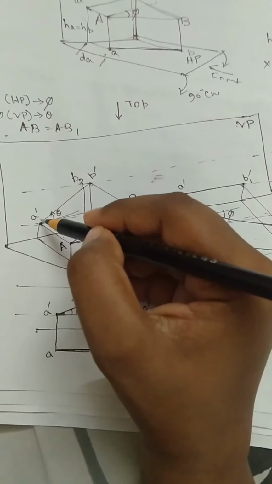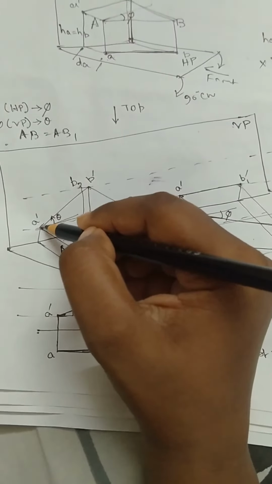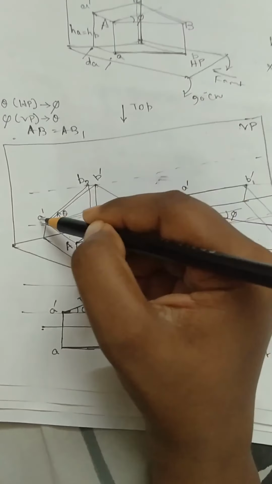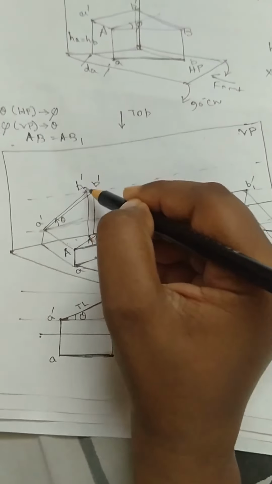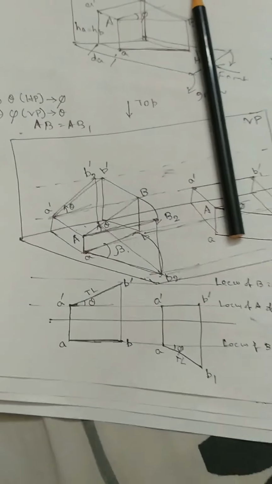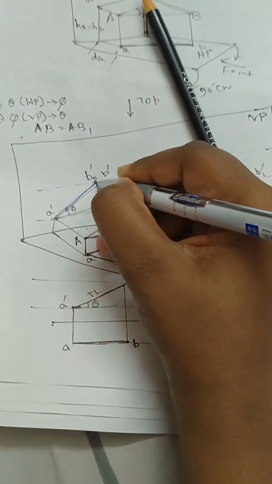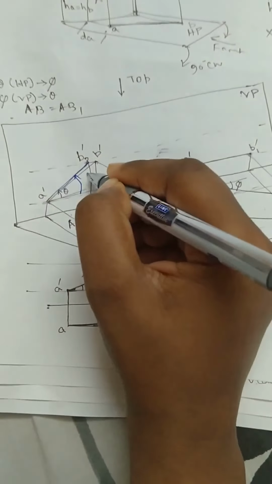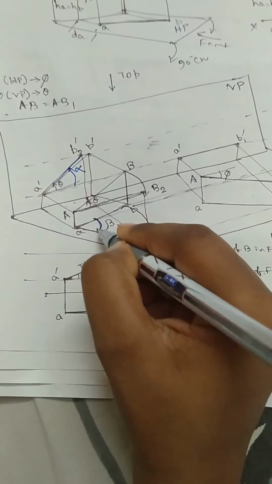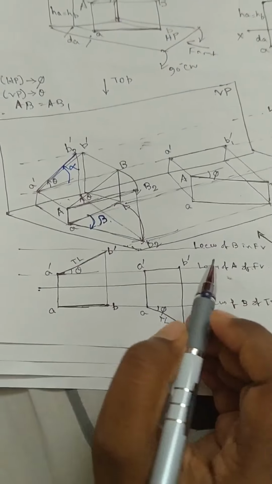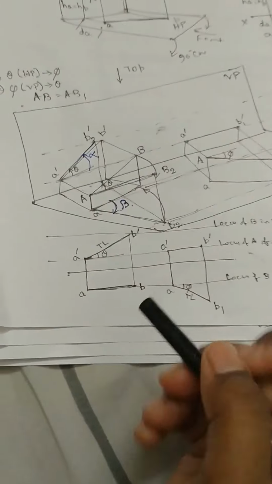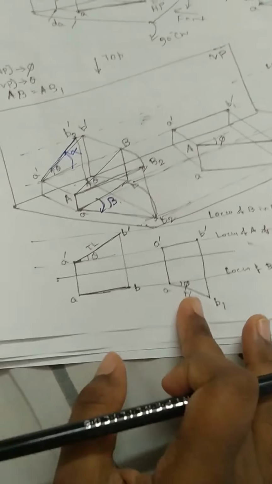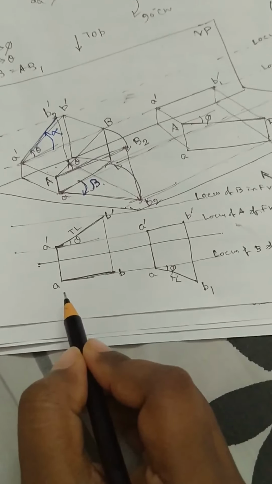So now your true length will be A dash B2 dash, and this angle will be your alpha. This angle is your beta. If you plot it in your 2D plane, it will be like that.